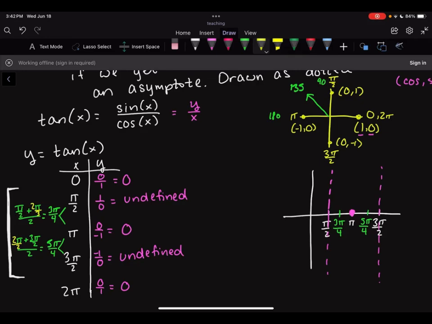Next, I can plug these values in. So if I want to plug them into tangent, that means right here I'm looking at tangent of 3 pi over 4.